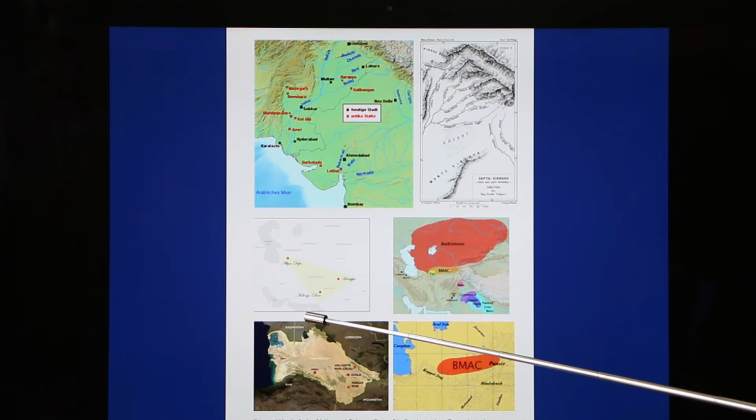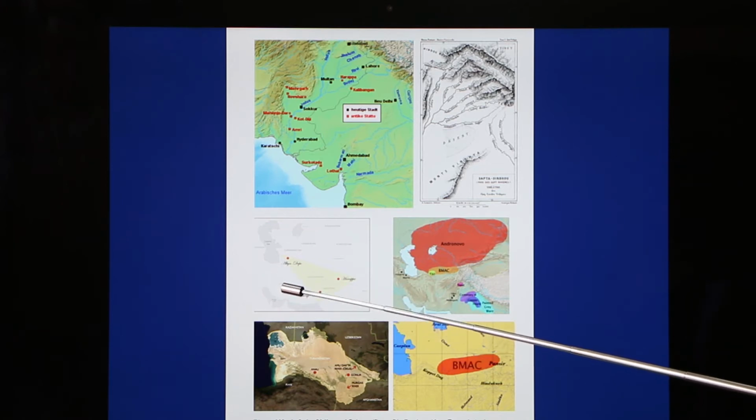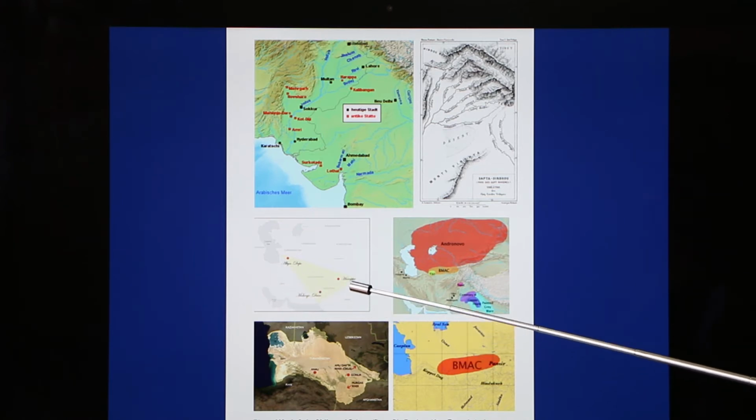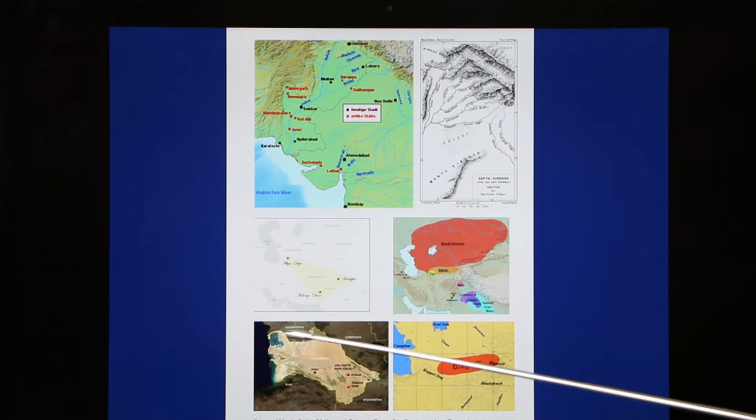There were major cities like Harappa and Altintepe. It's the area that we now think of as Turkmenistan.